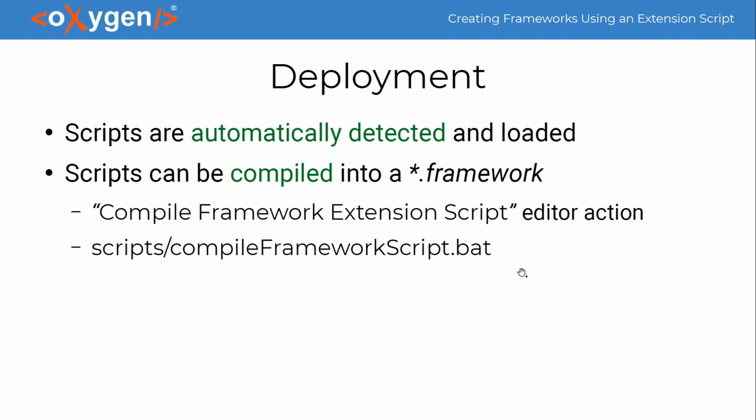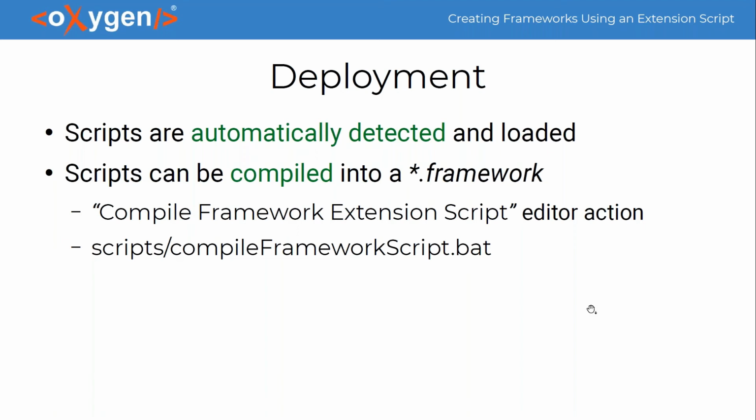Why would you prefer to compile it? Well, while you develop it, it's great to go with the first approach and have Oxygen automatically detect it, but maybe when you deploy it to the team, it might make sense to compile it. It will be faster. Oxygen will load it faster.